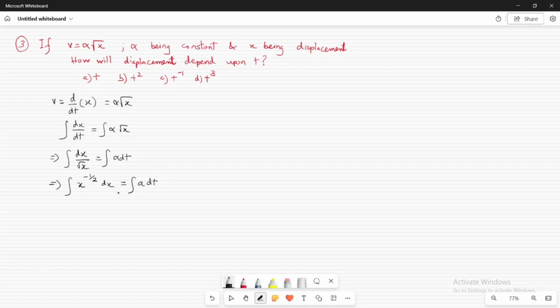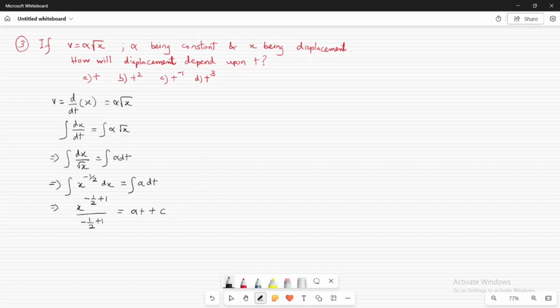What does that mean? x to the power of minus 1 by 2 plus 1, divided by minus 1 by 2 plus 1, equals alpha t plus any constant c.